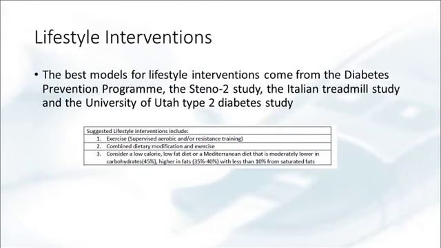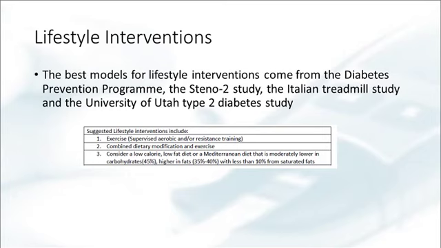Lifestyle interventions. The best model for lifestyle interventions comes to us from the DPP, the Steno-2 study, and the Italian treadmill, and the University of Utah type 2 diabetes study, which suggests that exercise, both supervised aerobic and resistance training, is very important, right?